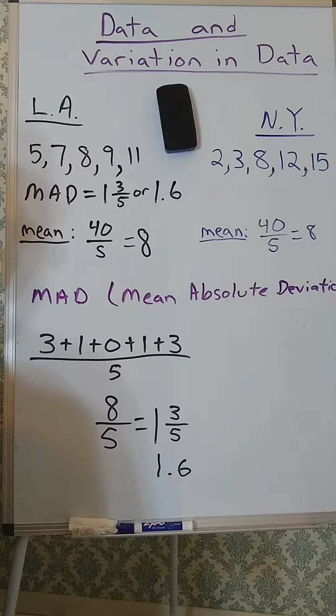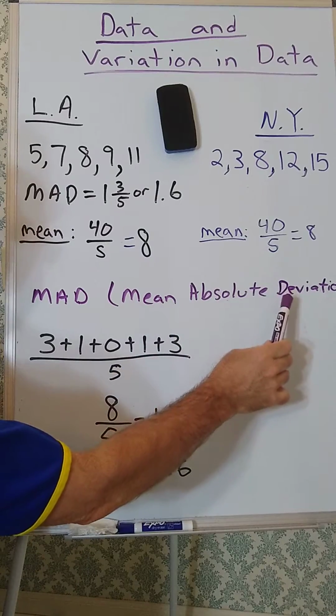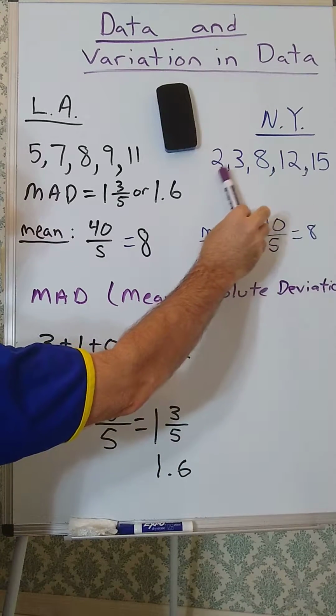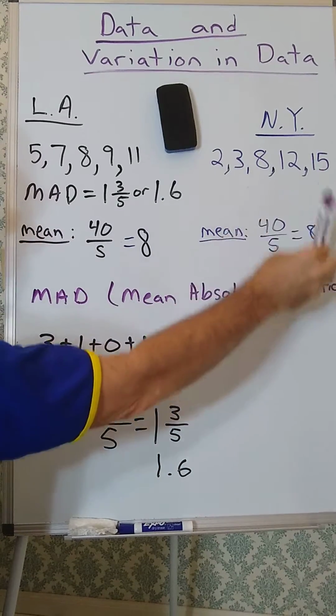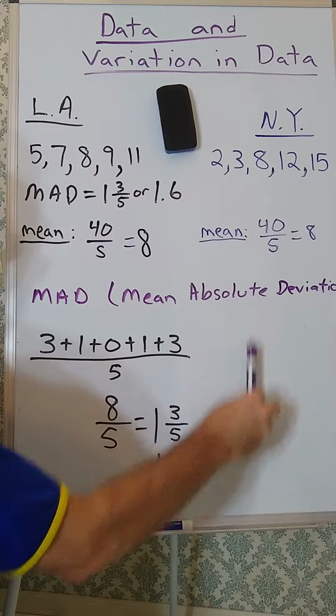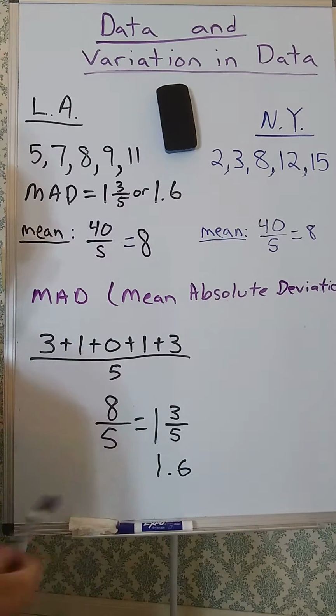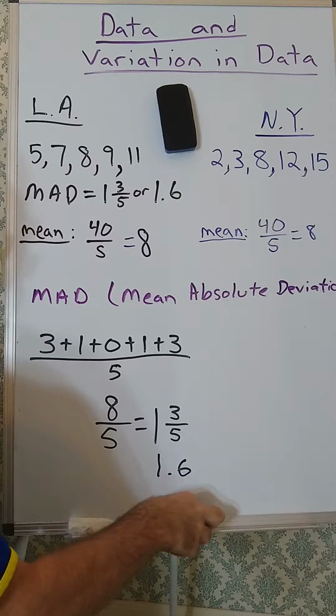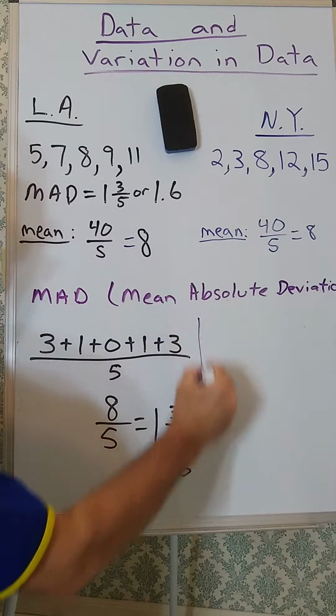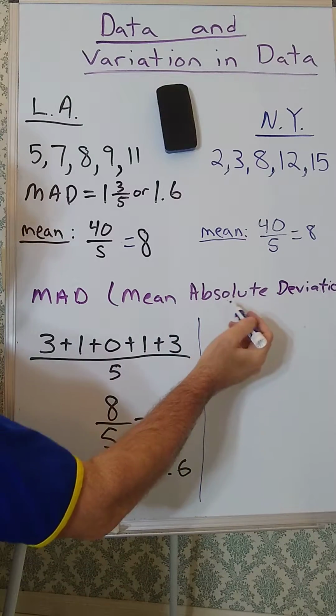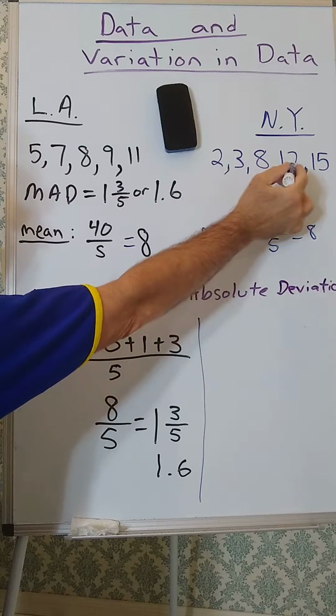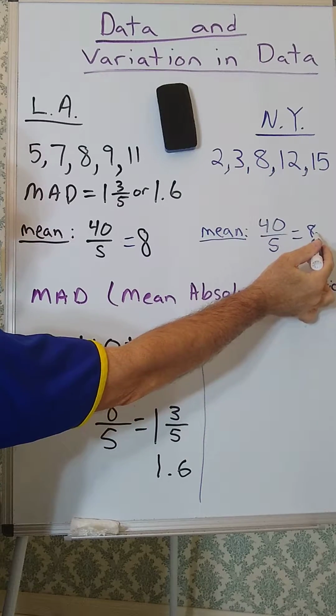Okay, and I encourage you to stop the video here and try to find the mean absolute deviation of the ice cream prices in New York before going on. Okay, we find it the same way. We consider how far each value is from the mean.